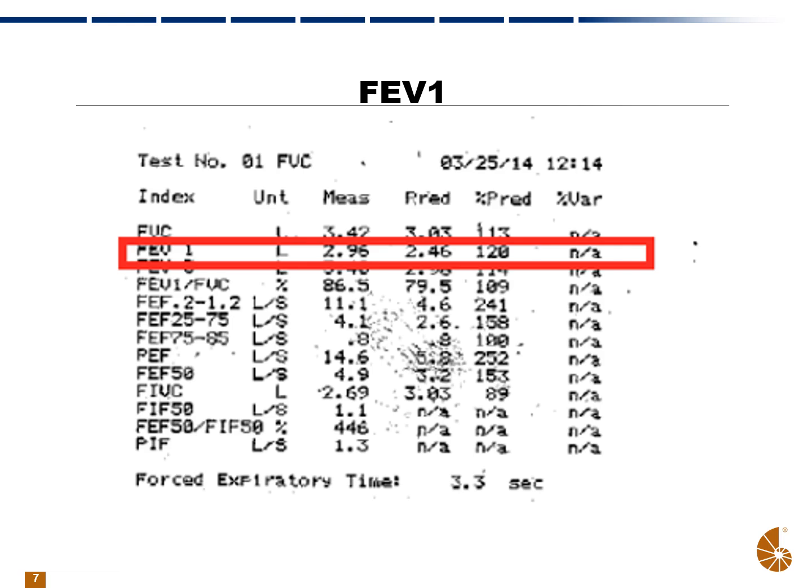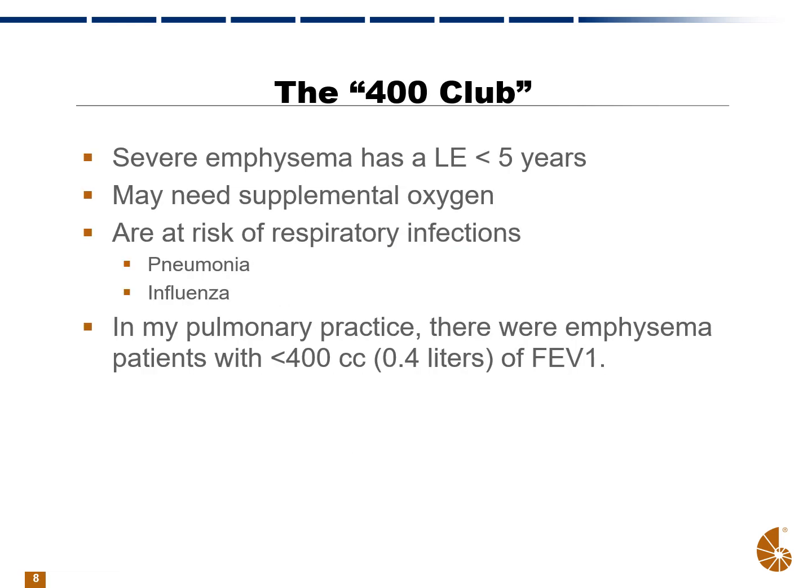But a lot of times the FEV1 is significantly reduced in percentage. And often in the patients that I used to take care of, they had less than 1 liter. They only maybe had 400 cc's, or 4/10 of a liter of FEV1. So they were severely compromised.